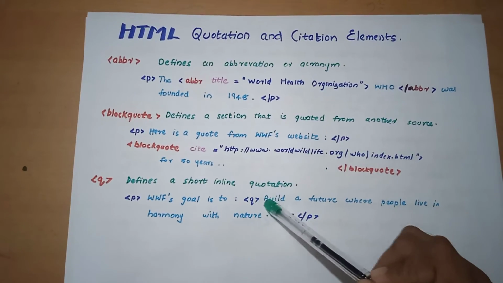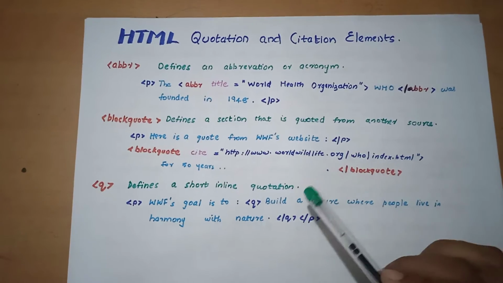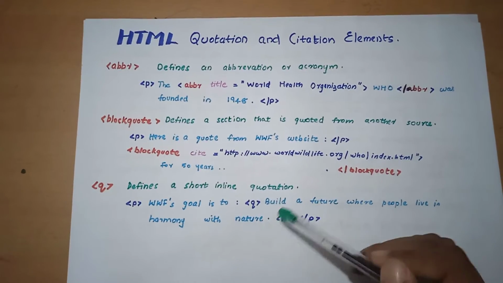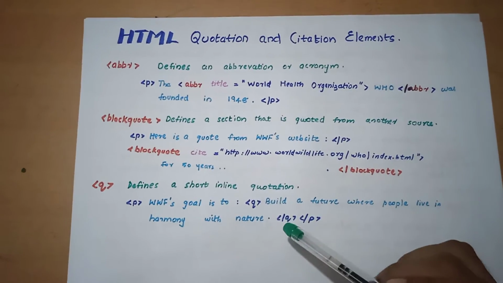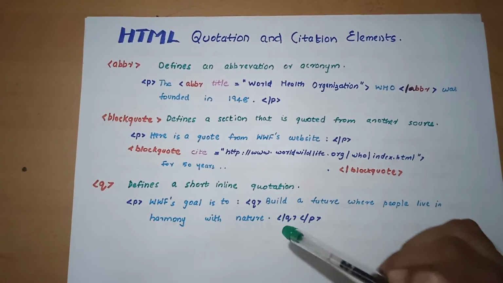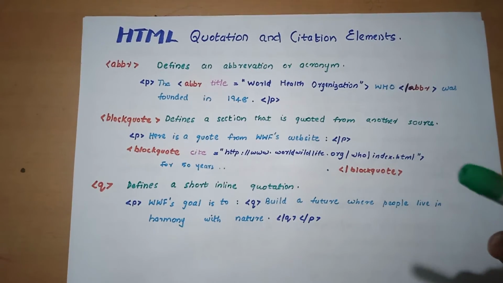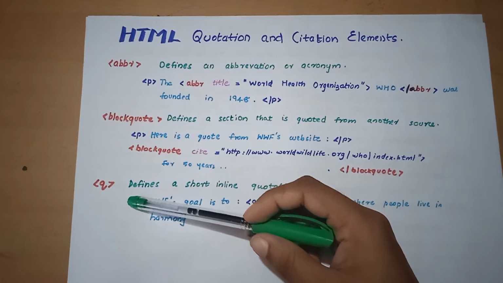We can write that thing in a quoted form, so that's why we used this quotation here: build a future where people live in harmony with nature. This is the quote they used, so we must quote them on our page too. Simply, if we want to write something in quotations, we can use this q tag here.